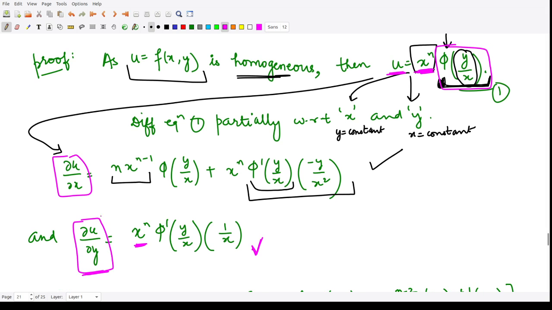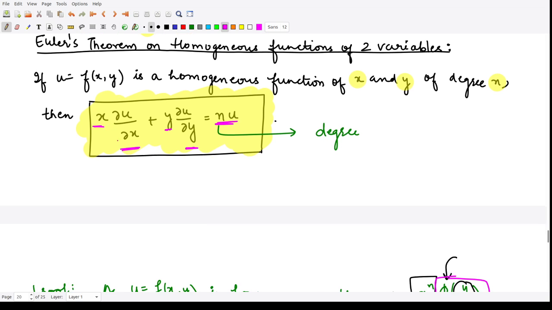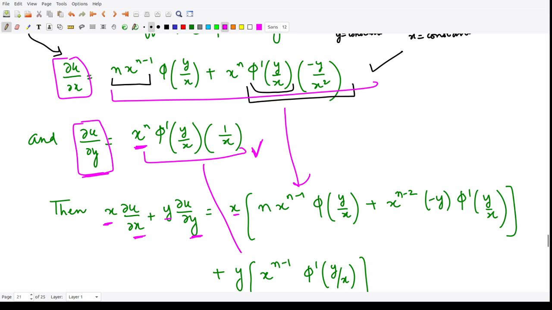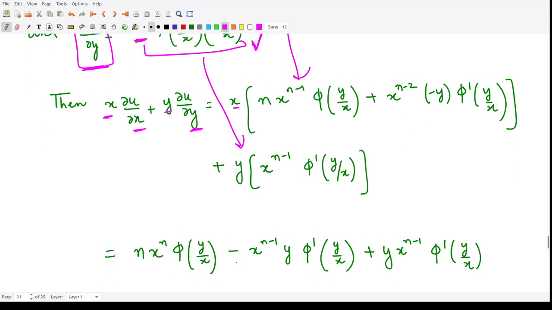We have to show that x into del u by del x plus y into del u by del y is equal to nu. So we'll consider the left hand side. The left hand side is x del u by del x plus y del u by del y. When you substitute this whole quantity here and this whole quantity here, it becomes this.